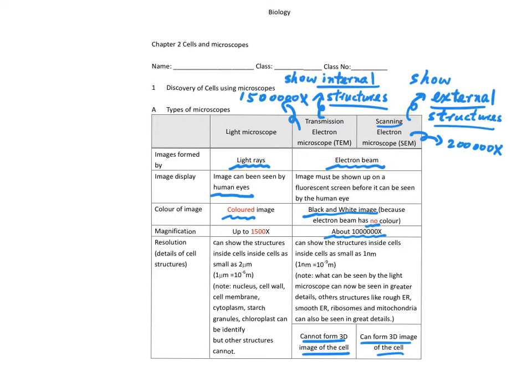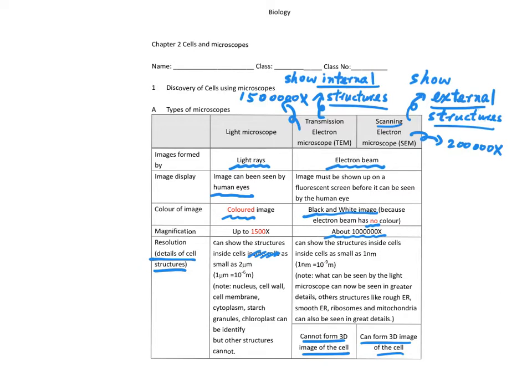For the differences in resolution between the light microscope and the electron microscope, resolution means the details of the cell structure. The light microscope can show structures inside cells as small as 2 μm. 1 μm means 1 micrometer, which equals 10 to the power minus 6 meter.